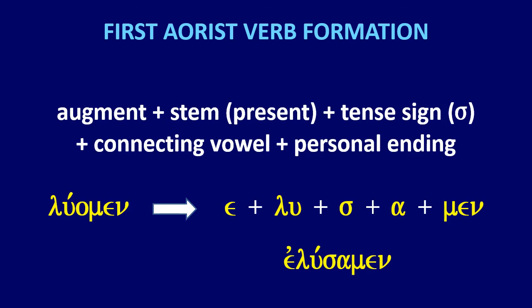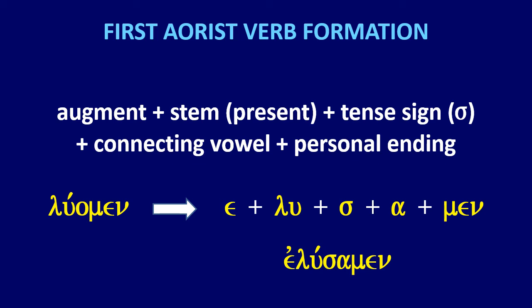Now, when it comes to verb formation for the first aorist, let's look at some of the details as far as how these aorist tense forms are put together. This is the first aorist active voice indicative mood form, and I have up on the PowerPoint slide the first person plural form of luo, not the first person singular form.